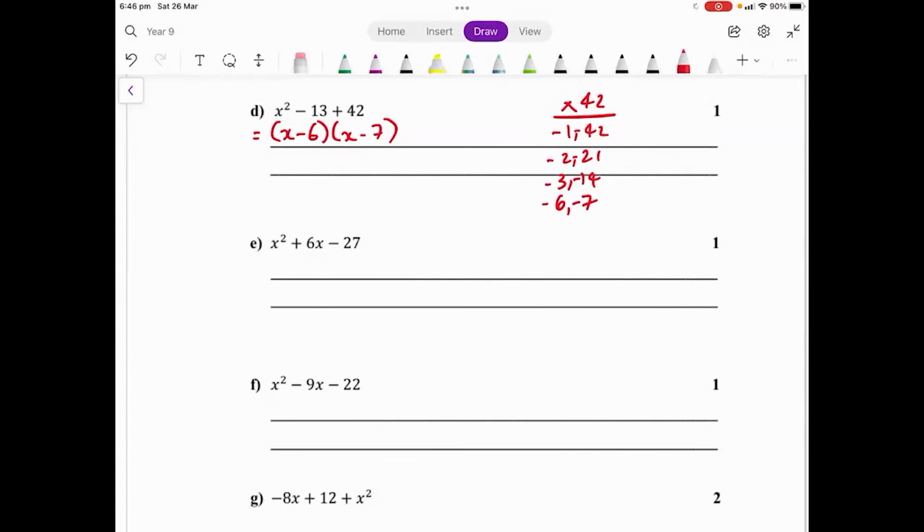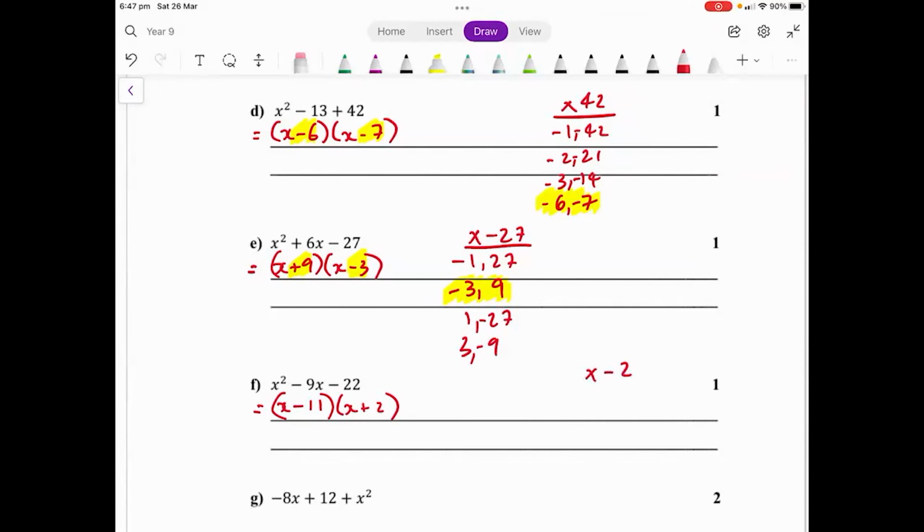Question E, two numbers that multiply to give negative 27, but add to give 6. That's positive 9 and negative 3. So that's x plus 9, x minus 3. Question F, two numbers that multiply to give minus 22, but add to give minus 9. That's minus 11 and plus 2. So that's x minus 11, x plus 2.